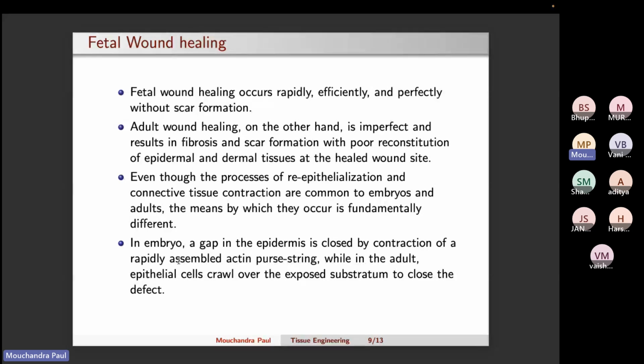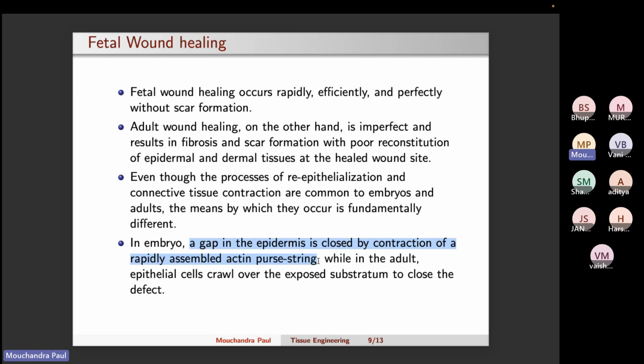In an embryo, how does it happen? In the embryo, the gap in the epidermis is closed by contraction of a rapidly assembled actin purse string, while in the adult, epithelial cells crawl over the exposed substratum to close the defect area. If you have seen a batua, there is a string that you pull, because of which your purse gets closed.